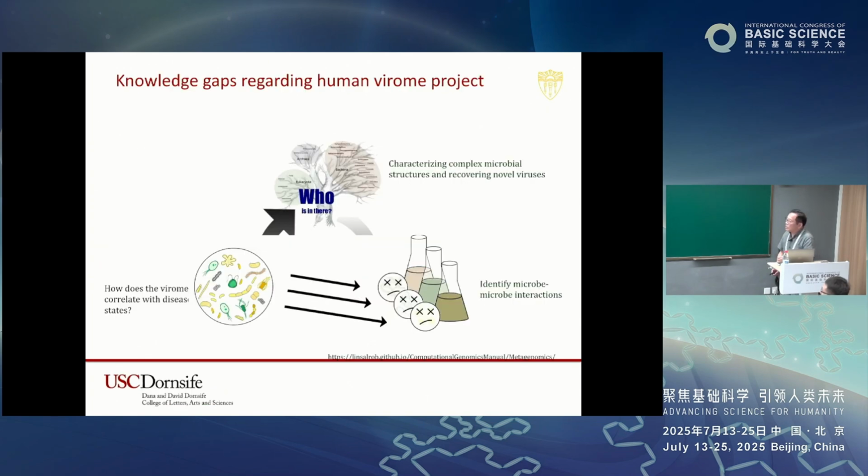Then, what types of questions are we interested in for those viral projects? We are interested in what kinds of viruses are there, what their abundance is, and how the viruses impact their hosts, and in turn the environment, like the human body, the ocean or soil.